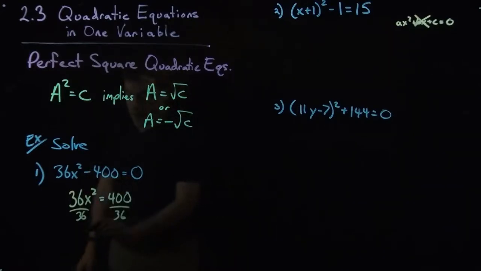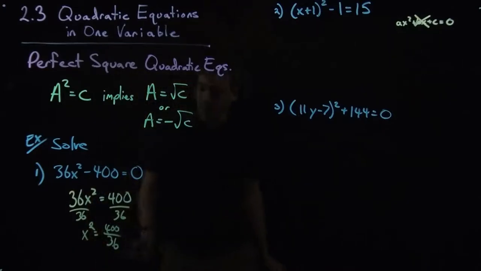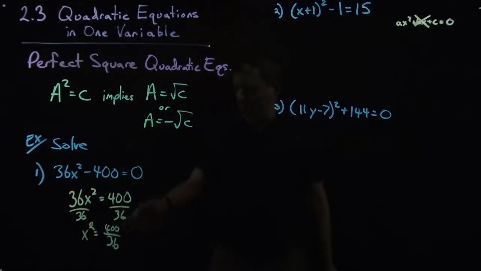All right, so we're going to have x squared equals 400 over 36. You could reduce that 400 over 36, but I'm going to leave it like that because I notice both 400 and 36 are perfect squares. So when we take the square root, it's going to be a lot easier to do that.